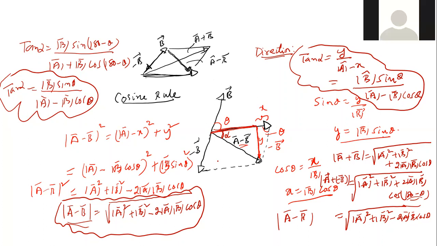Sir, if they ask what is the angle between negative B and A minus B, what should we do, sir? Negative B and vector A minus B. This one, yes, sir.